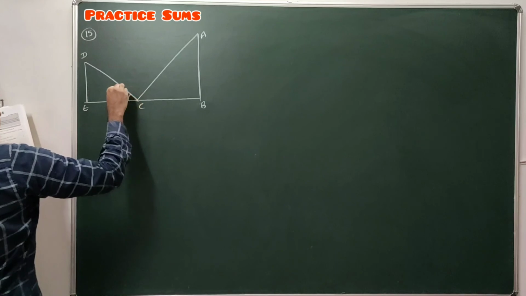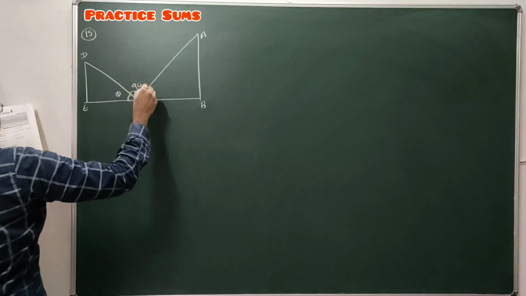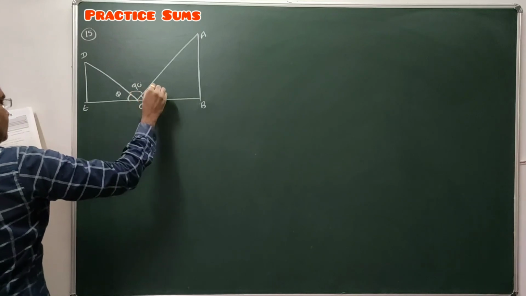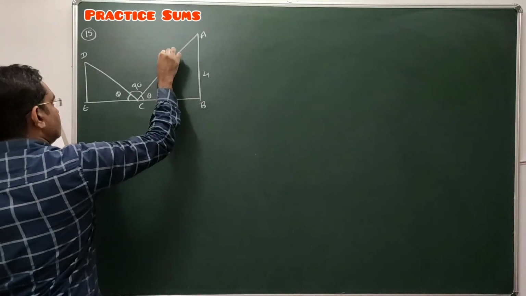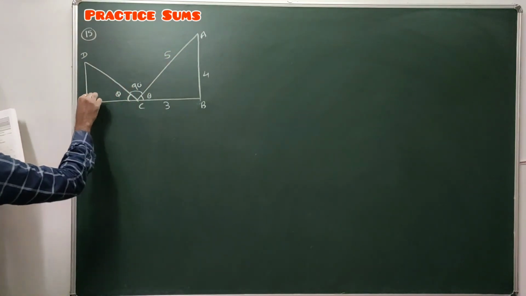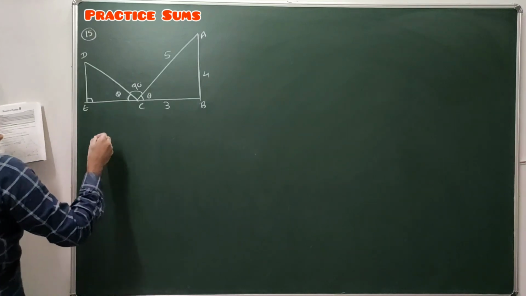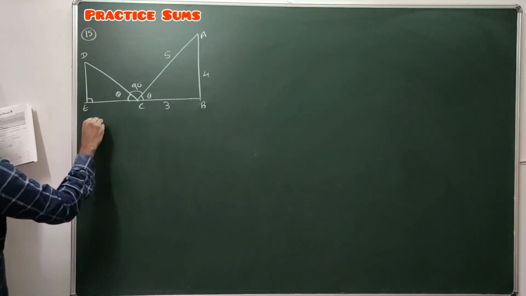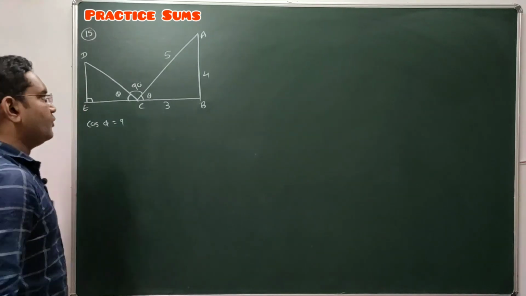The value of this angle is phi, value of this angle is 90 degree, and this angle is theta. This side is 3, this one is 4, this one is 5, this is 90 degree. Done. So here in this given figure, find the value of cos phi.